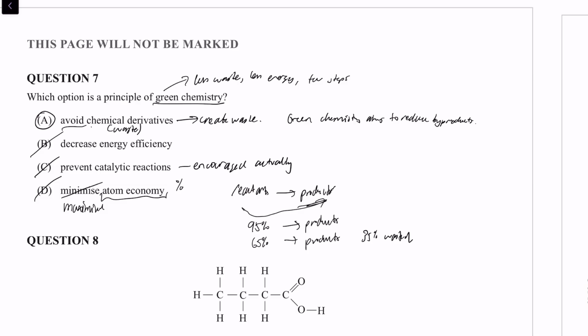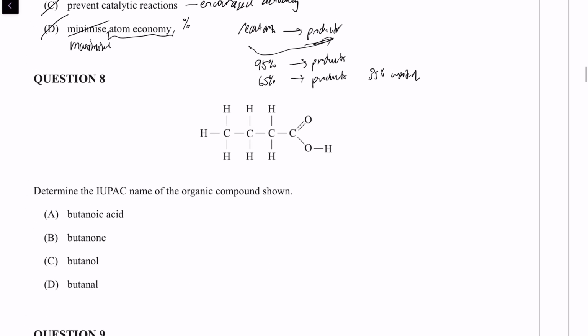Okay, so question 8. Determine the IUPAC name of the organic compound shown above. Right, so we know that there's 1, 2, 3, 4 carbons, so it's going to be butane, but that's all the options, so it doesn't really help us at all.